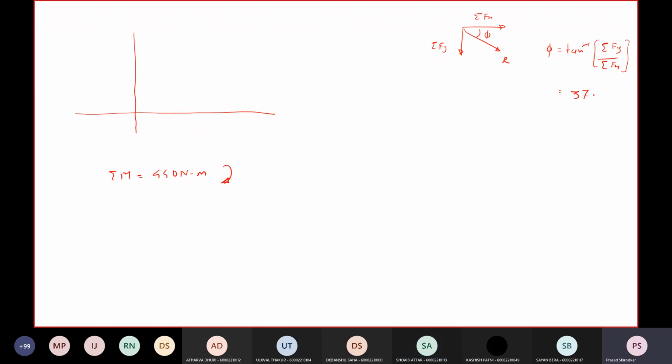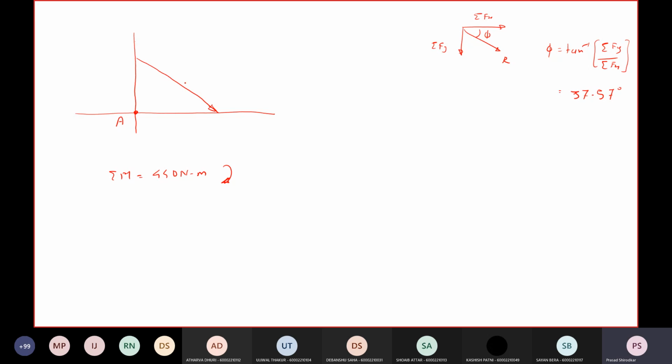37.56 or 57, if somebody chooses to round off in that way, 37.57 degrees. Okay. So the direction of resultant is this way, and about this origin what we have chosen, that is A, it should produce a clockwise moment. So you have to place the resultant accordingly. So the only way to do it is place the resultant in the first quadrant.